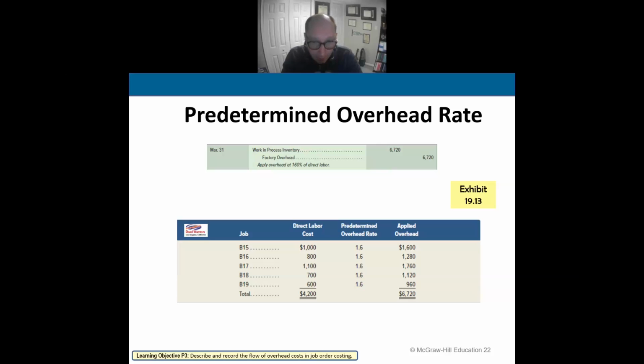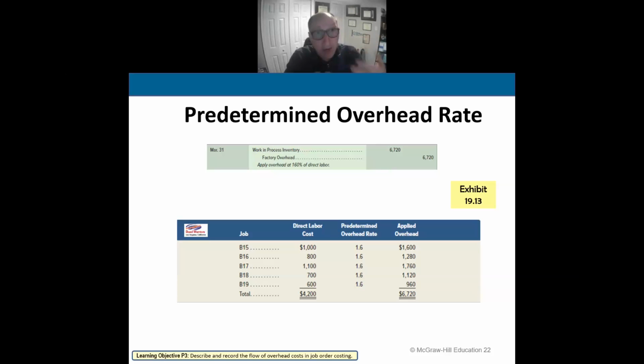And so we add up all of our applied overhead for all of the jobs during the accounting period, and then we take that amount and apply that to work in process. Because remember, work in process includes all of the direct materials that you got from raw materials, plus the direct labor that was used to work directly on the jobs, plus all of the factory overhead that's used for those jobs.